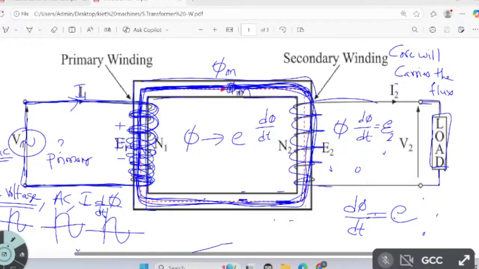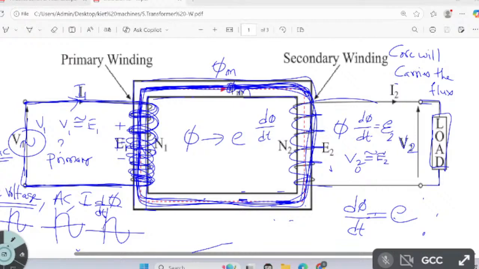In parallel the voltage is the same, so E2 is nothing but V2. Here also E1, there voltage V1. V1 is more or less equal to E1, there are no losses actually, so it changes only minorly. So V2 is also more or less equal to E2.